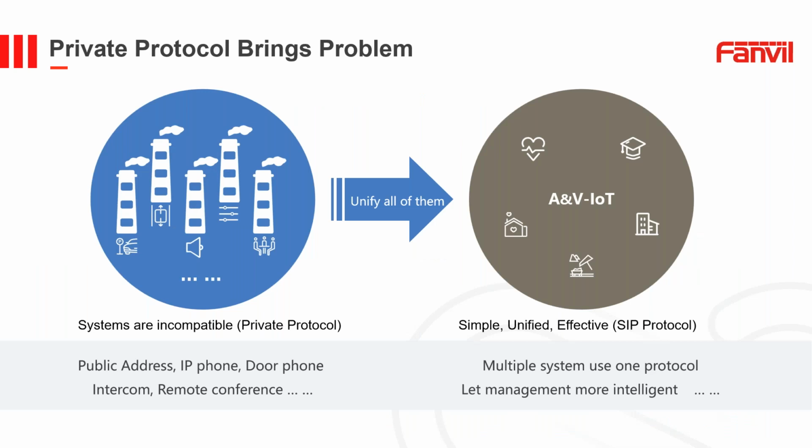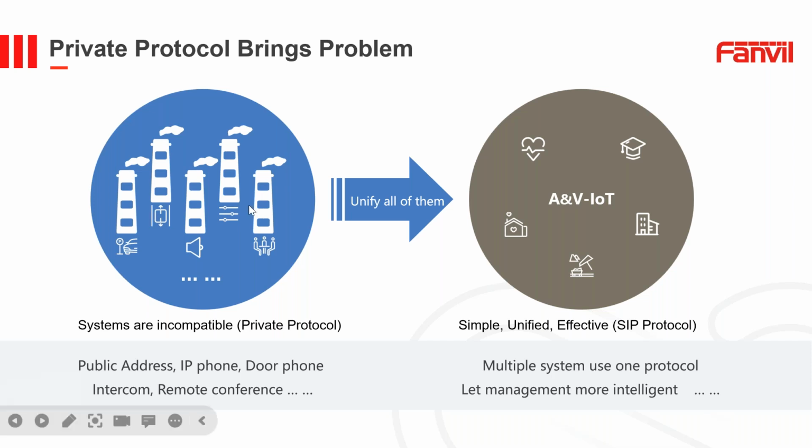In the past, many IP communication systems used proprietary protocols, so it may cause some problems. All of these systems, like public address, IP phone, door phone, or intercom, are managed by different platforms. For example, if you are the manager of a building or a school, you may need to log in to different platforms to manage those different systems.